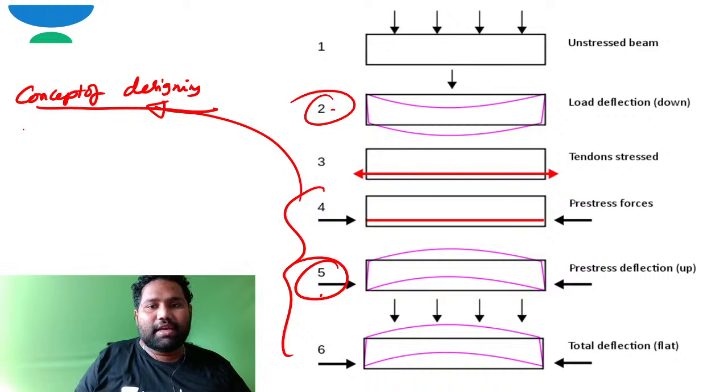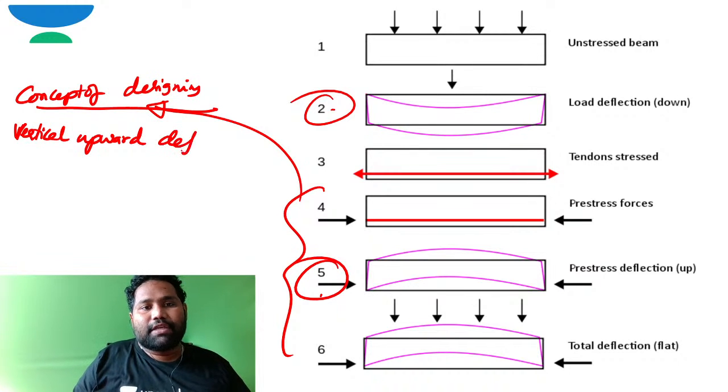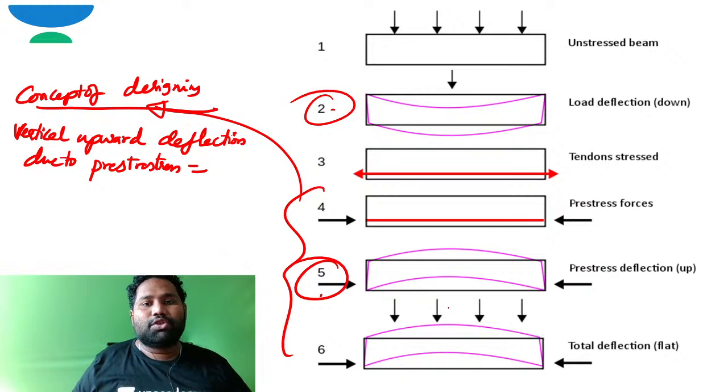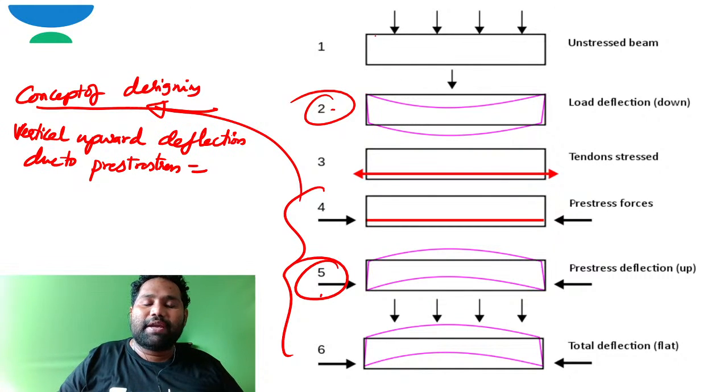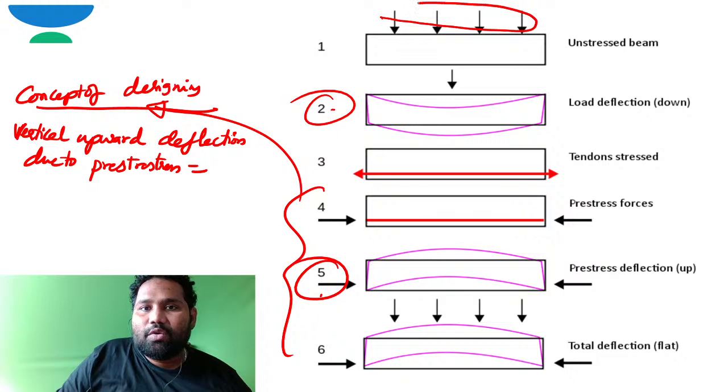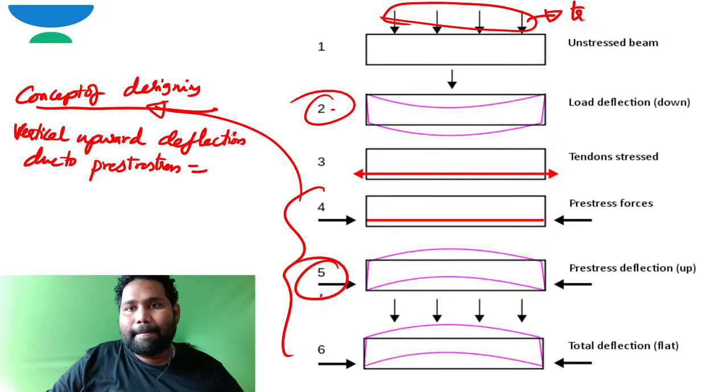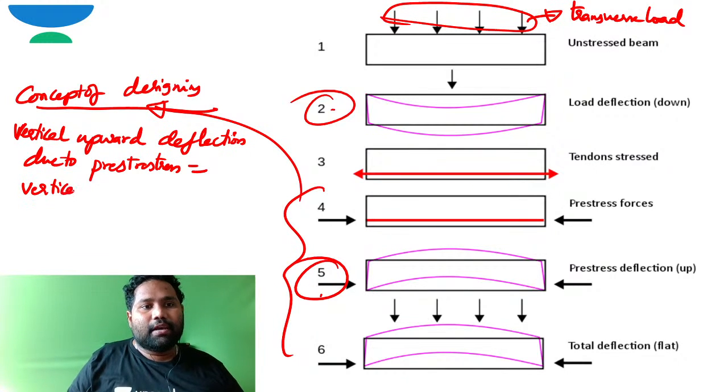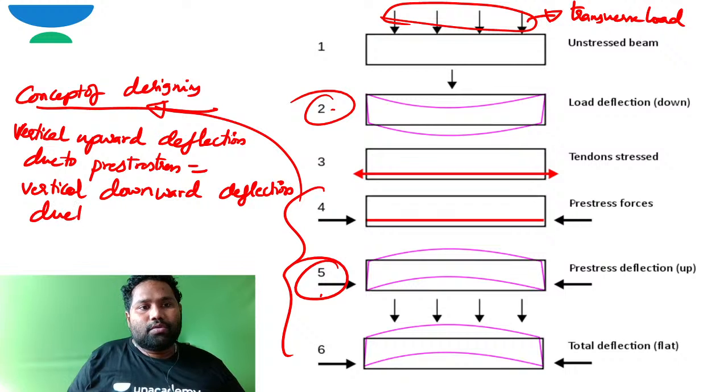So in such a case we can say the vertical upward deflection due to pre-stress should be equal to the deflection that is coming into picture because of the vertically downward transverse loads, which is equal to the vertical downward deflection due to transverse load.